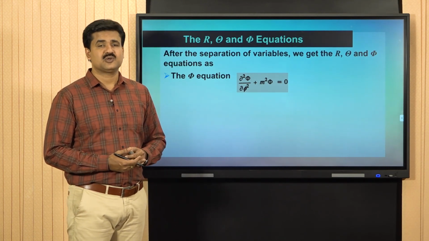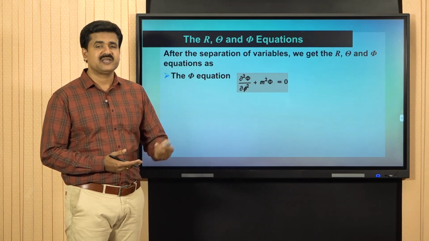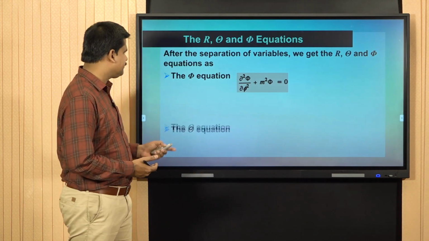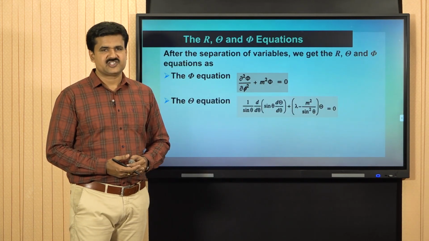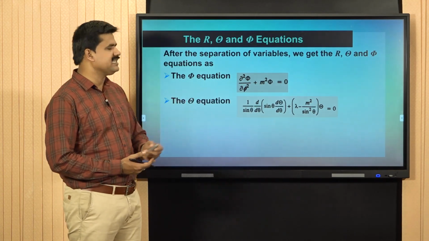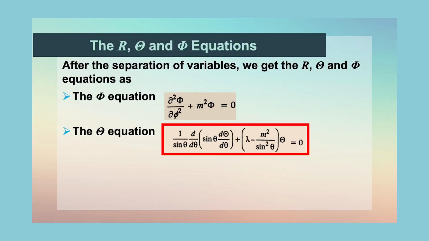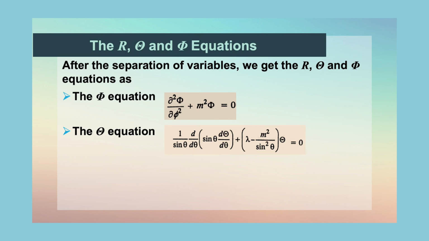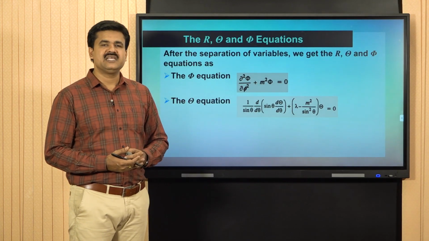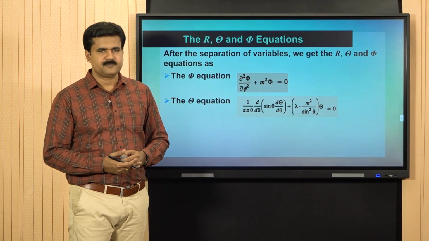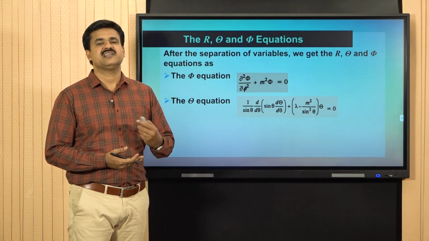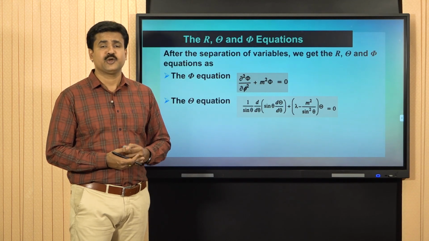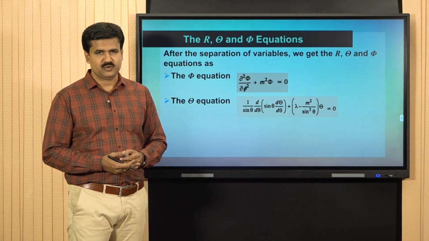Its value is 0, ±1, ±2, etc. Next, this is the theta equation: 1/sinθ d/dθ (sinθ dΘ/dθ) + (λ − m²/sin²θ)Θ = 0. We know the complete solution of the theta equation appears in the form of a polynomial called the Legendre polynomial.